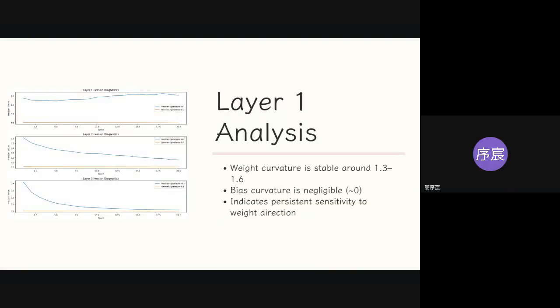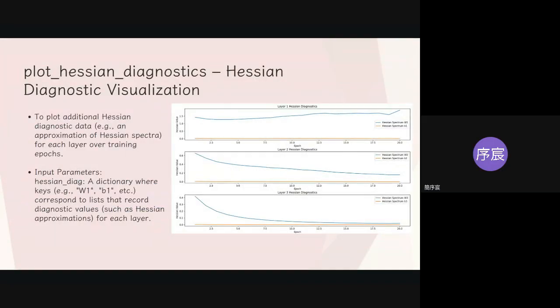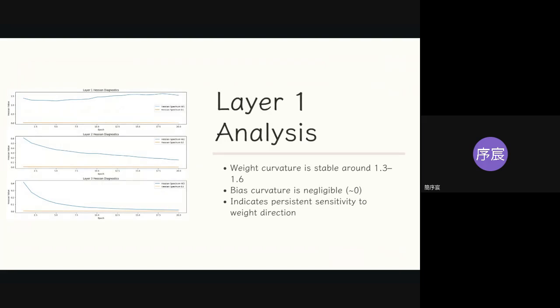And the next people will talk about the analysis of the different layers. Okay, it's me again. I'm going to talk about the results and analysis of the Hessian part, the second-order part.